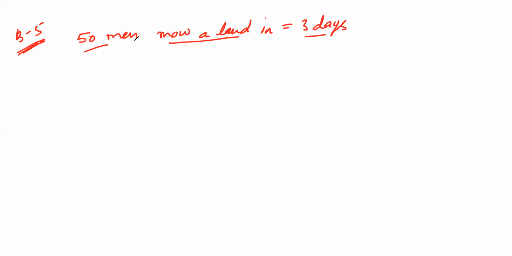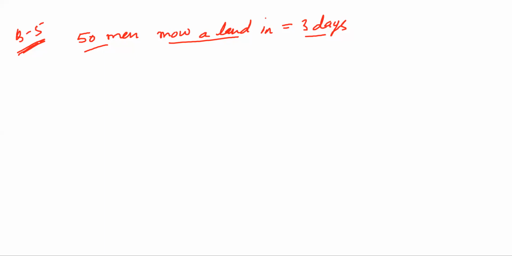So 50 men mow a land in 3 days, first of all. Now think about the question. Listen to me very carefully, then you will reply. If there are 50 men working on a land, they complete their work in 3 days. If there is only one man, will he take more time or less time than 3 days?